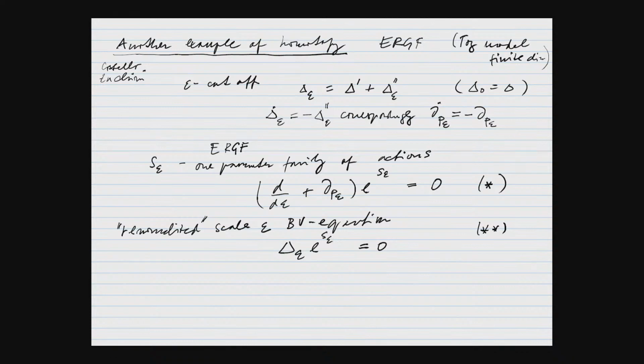And the exact renormalization group flow, now you can formulate as a one parameter family of actions depending on cutoff, which depend on epsilon like this, and solve the scale epsilon Batalin-Vilkovisky equation.